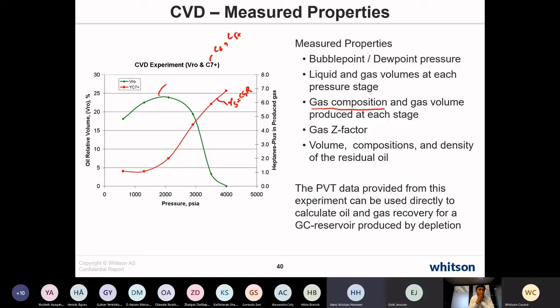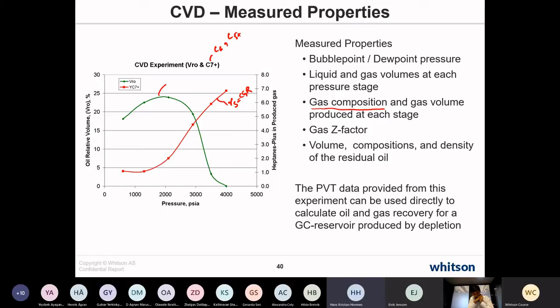First of all, you see a lot of things when you're doing the CCE experiment, because you get a liquid curve from that too, to see how much you get. And one problem we have with the well we have now is that it's mud contaminated, and if you have mud contamination, a lot of the liquid dropout could probably be from the base oil and not actually from the reservoir fluid itself.